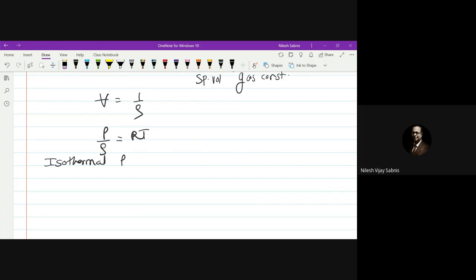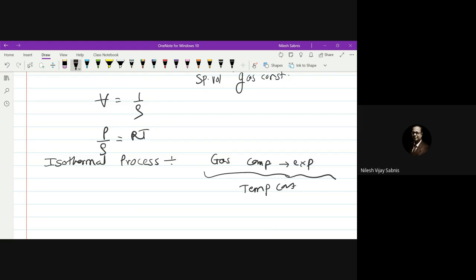What is meant by isothermal process? Anyone? Temperature remains constant. So in the isothermal process, the gas is compressed and expanded, and during this process the temperature remains constant.